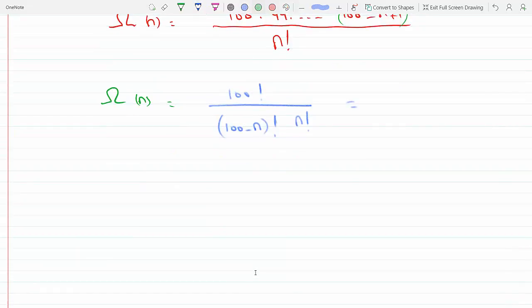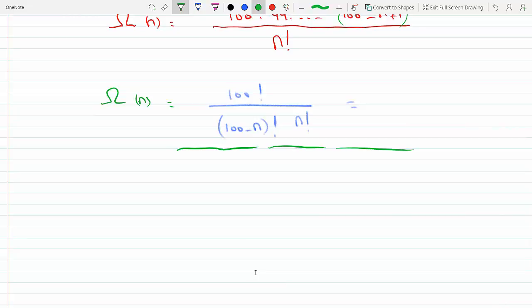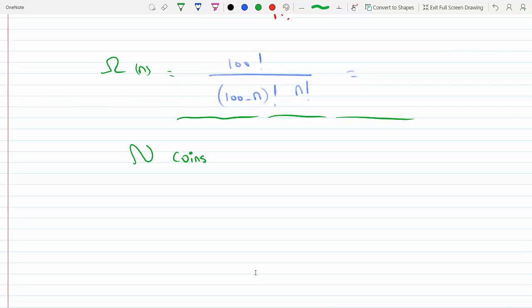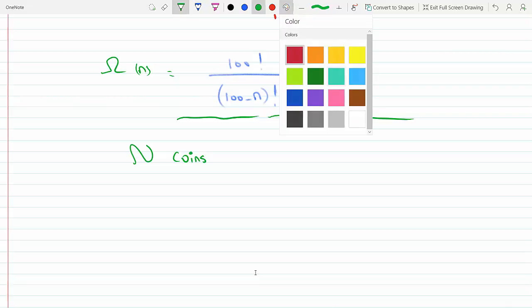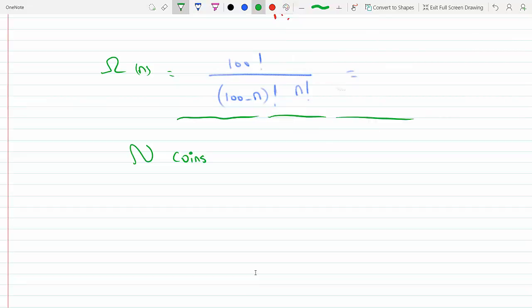So now finally, to generalize this fully, to summarize, if there are n coins, then the multiplicity of a macrostate with small n heads will be the number of coins n factorial divided by heads, and then number of coins minus the macrostate heads, all factorial.